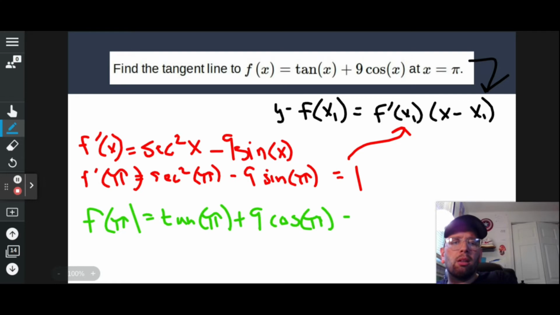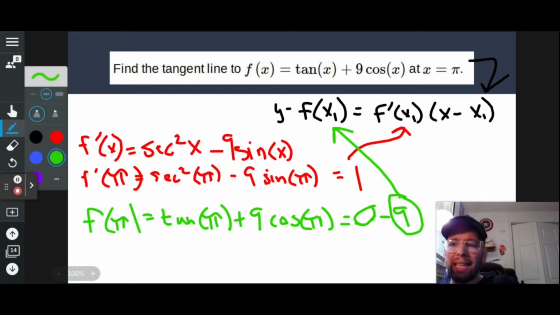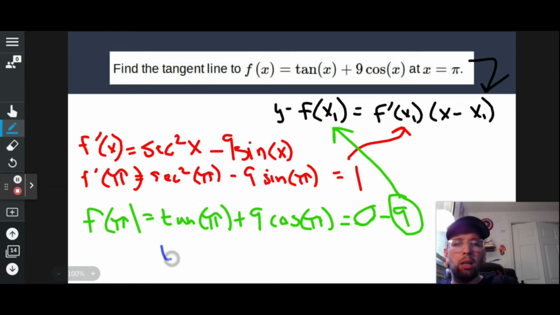Tangent pi is 0. Cosine pi is minus 1. So minus 9, which is negative 9. So I have y minus negative 9.